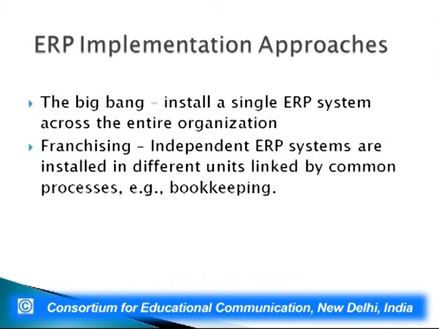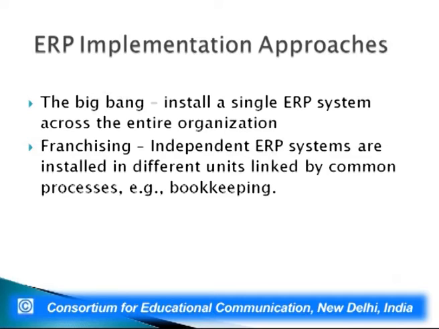Now, ERP implementation approaches. The Big Bang: install a single ERP system across the entire organization. Franchisees: independent ERP systems are installed in different units linked by common processes such as bookkeeping.